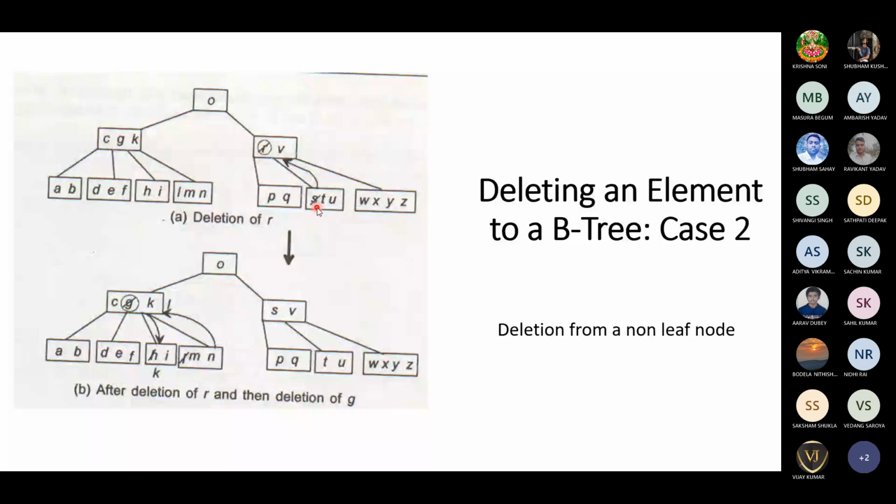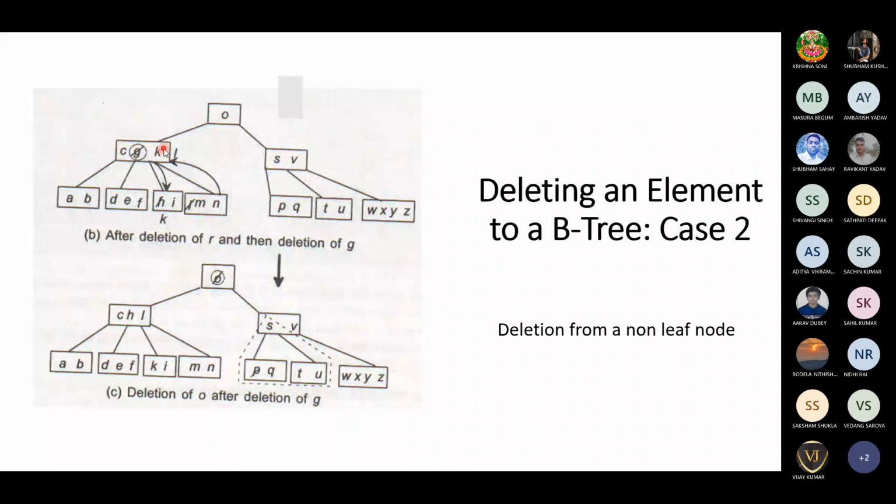So when you're deleting a value G, suppose G is deleted, then what will happen? We are replacing the rightmost value with this node. K will be replaced by H, and L is removed here and inserted into the parent node.